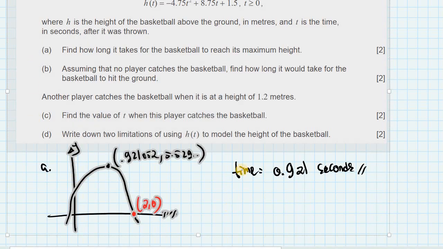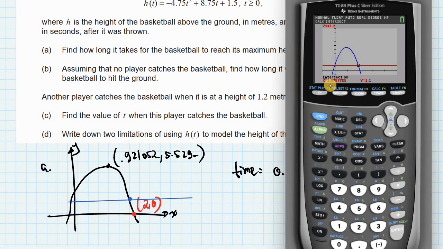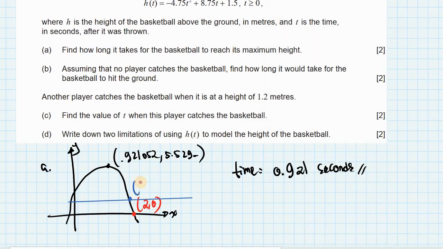So let's make a line here. Okay, that's good enough. You know what I'm trying to do. What's the point? 1.8757, comma, 1.2.